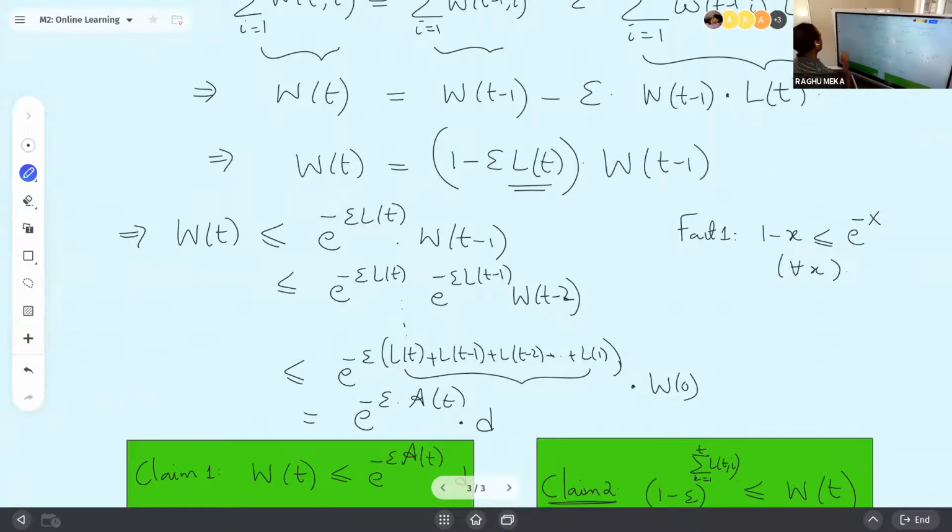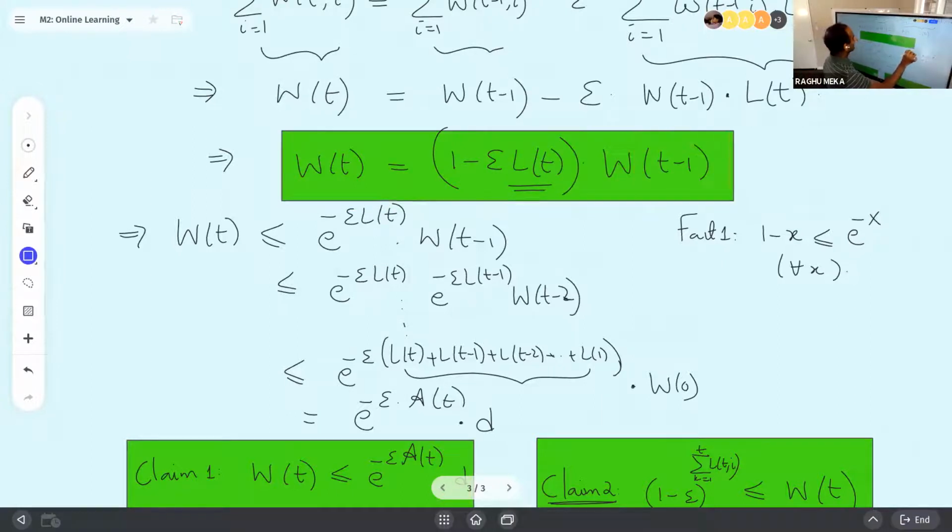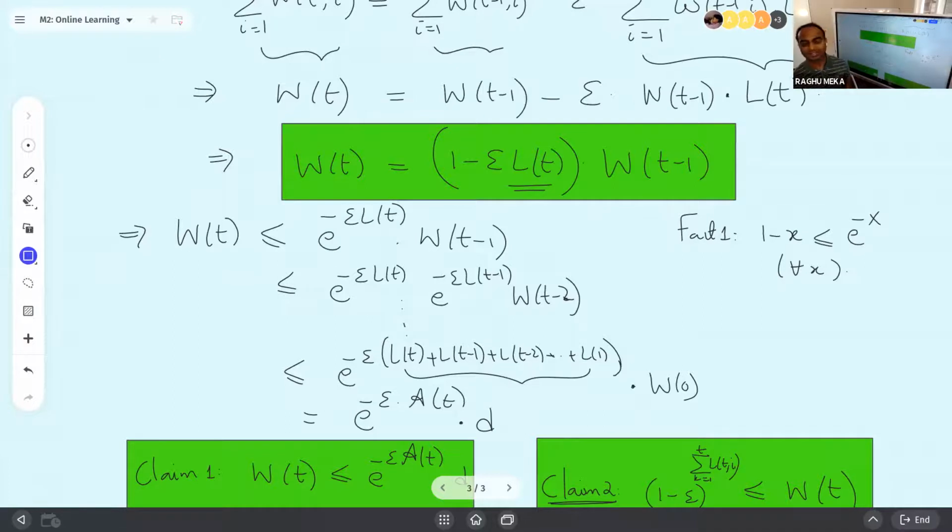We get this amazing equation relating the performance of our algorithm to how the potential changes. So if your algorithm did badly, then your potential decreases a lot, which is exactly what happened in the weighted majority algorithm too. We said if you make a mistake, then your total weight drops by 3/4, and this is saying something similar.